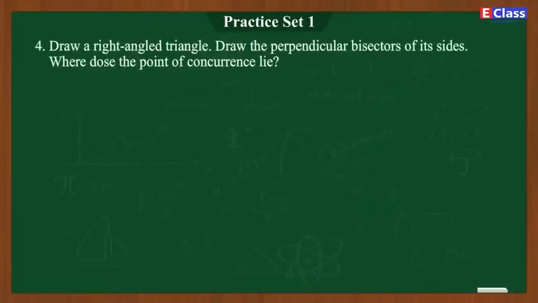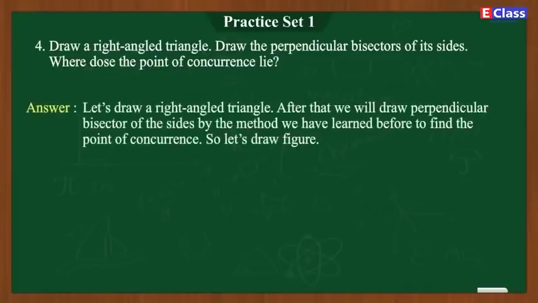Question number 4. Draw a right-angled triangle. Draw the perpendicular bisectors of its sides. Where does the point of concurrence lie? Answer. Let's draw a right-angled triangle.